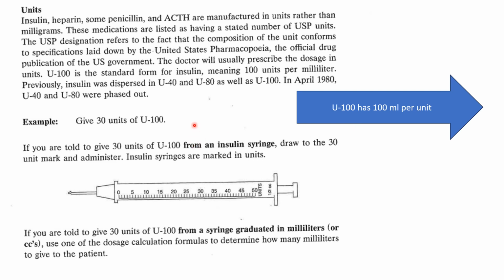So in this example, you were to give 30 units of U100, and so what you do, if you have an insulin syringe, you move it up to 30 units. And if you're told to use 30 units from a syringe that is graduated into milliliters, you're going to say that U100 is 100 units per milliliter.